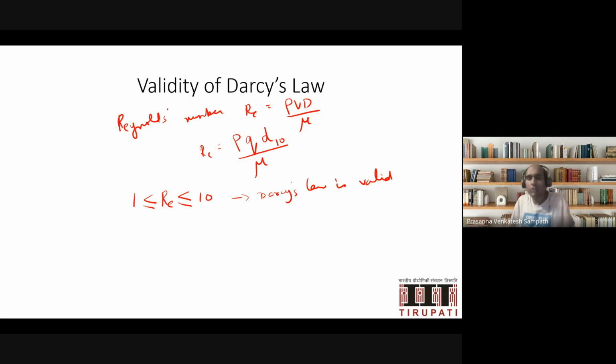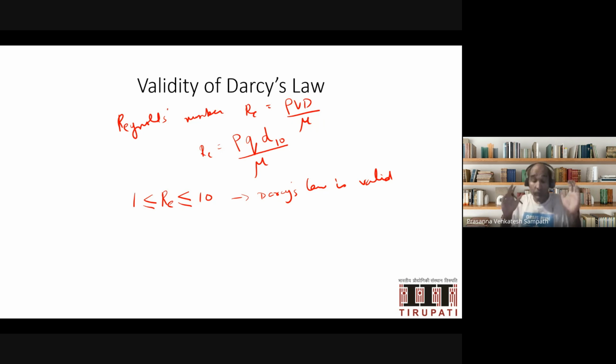The flow is almost stationary, right? And so in that kind of situation, we tend to say that the viscous forces are too high, and therefore almost no flow is happening at all, and therefore we tend to remove that portion of the Reynolds number from the validity of Darcy's law.